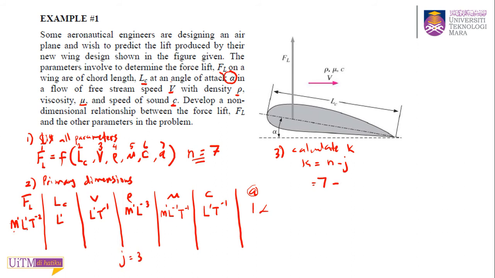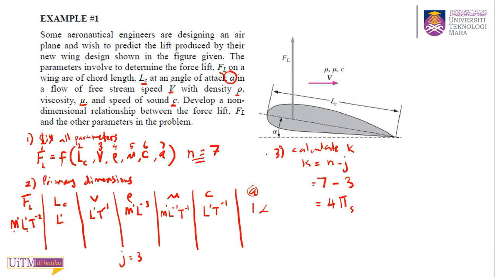You have M, L and T, so you have 3 primary dimensions in these parameters. So j is 3. So 7 minus 3 is 4. So you will generate 4 pi in this problem, because there are a lot of parameters, 7. That's why you will generate a lot of pi. So you will generate pi 1, pi 2, pi 3 and pi 4, like the question I asked earlier.